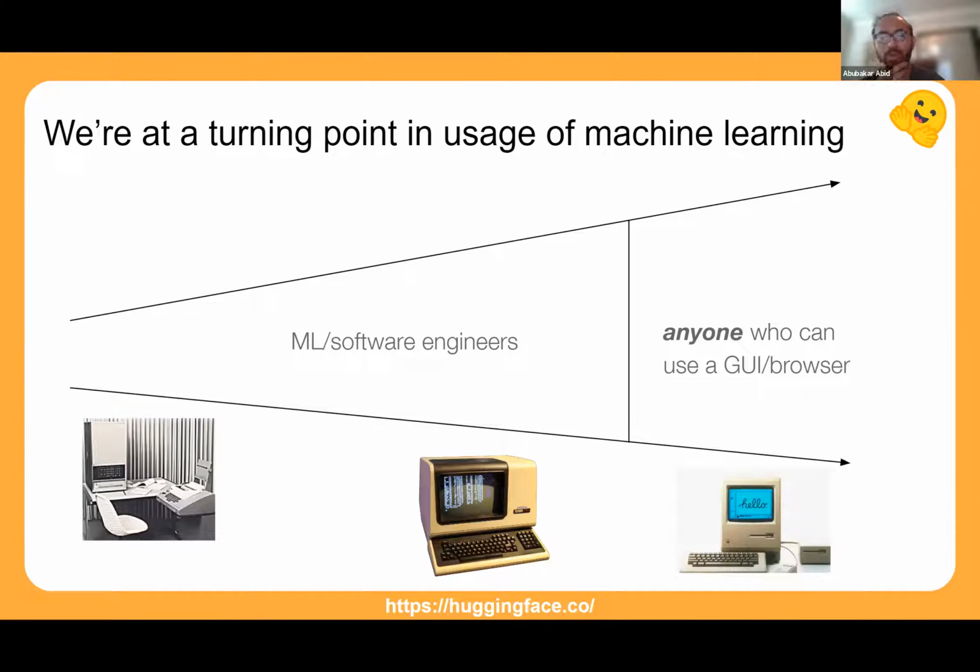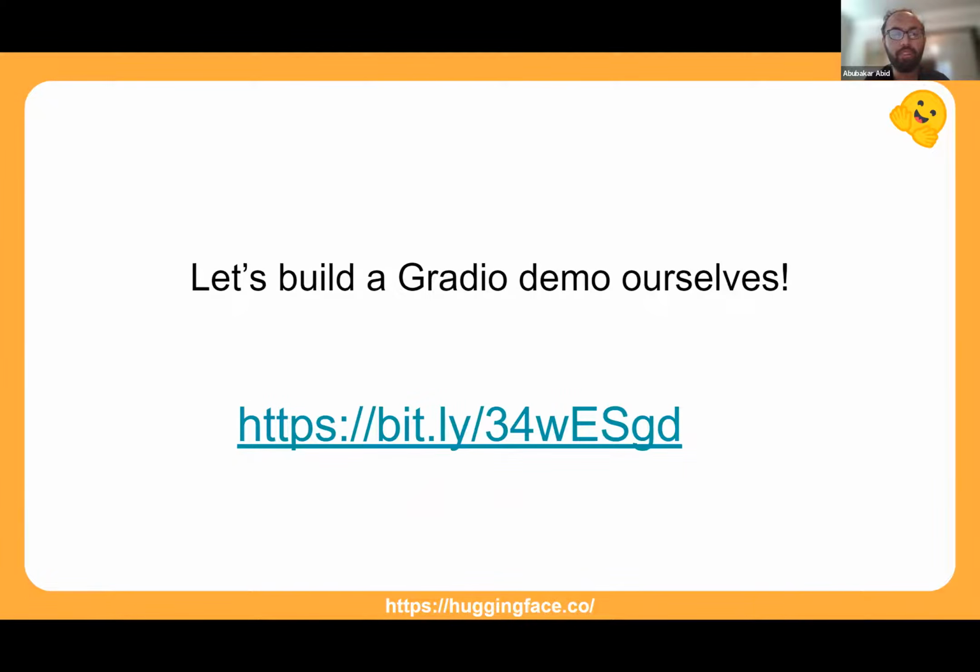And we have a lot of really cool demos that people have built just in the last couple of months alone. So with that, I think I'll change gears a little bit and dive more into the technical details and talk a little bit about how to actually build a Gradio demo.